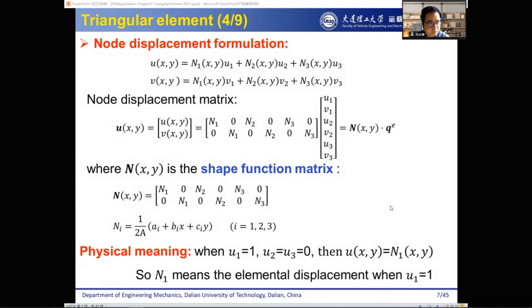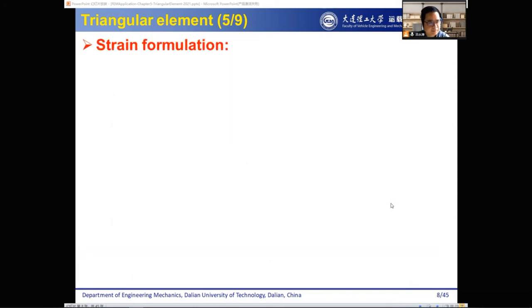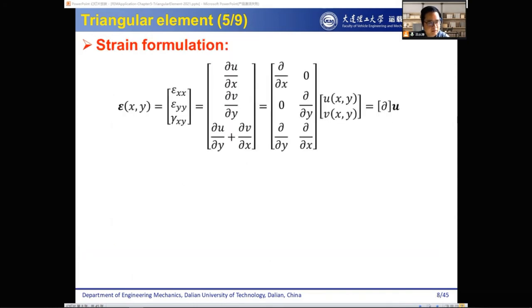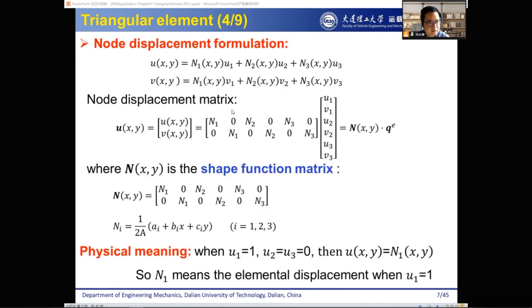We'll talk about the shape function more in the coming slides. Now we have solved the displacement formulation. What I mean by solved is we have managed to arrange it as the shape function matrix times the node displacement vector.